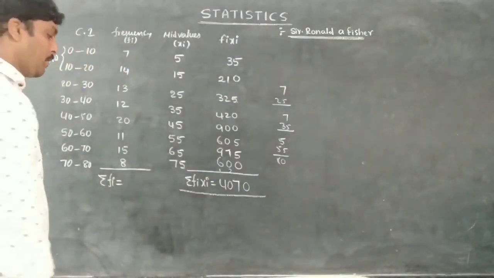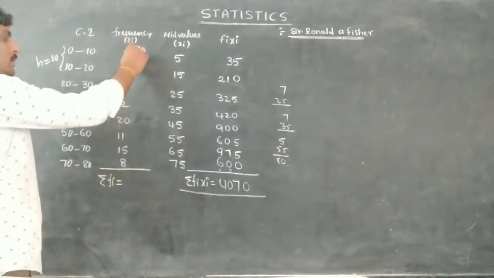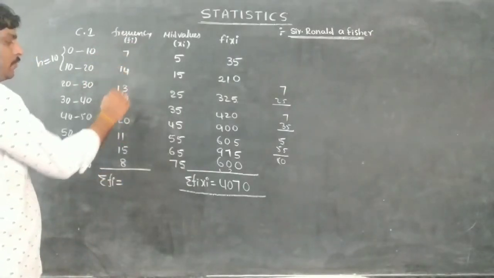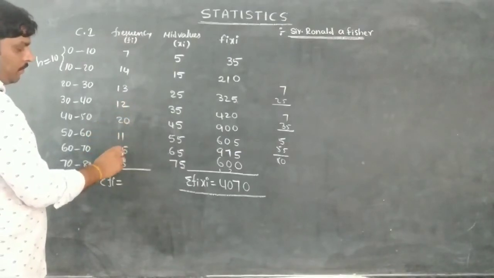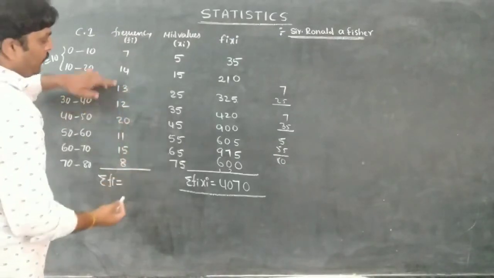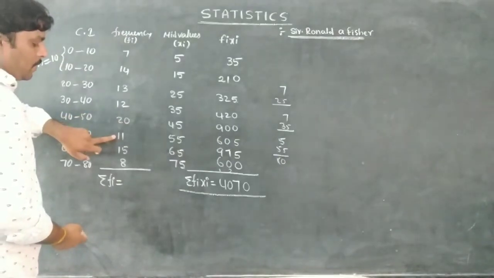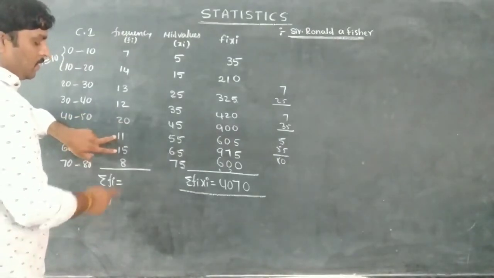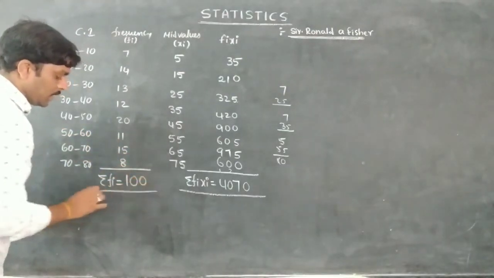That is sigma fi xi. Now this total, add here: 7, 13, 20, 30, 40, 50, 60, 70, 80, 90 to 100. This total is 100.